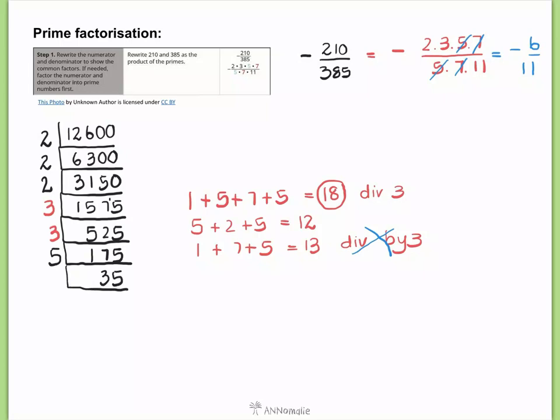And now it's easy. 5, and the last prime factor is 7, and we continue with this process until we find a 1. So if I write 12,600 as the product of the prime numbers, it's 2 to the power of 3, times 3 to the power of 2, times 5 to the power of 2, times 7.